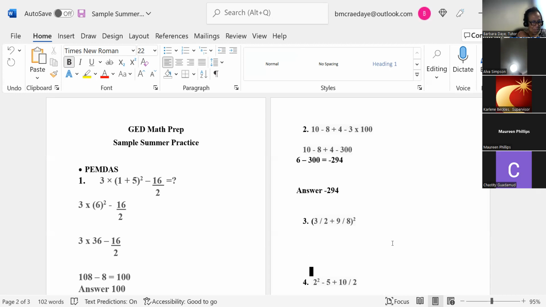And you have 3 over 2 plus 9 over 8, all raised to the second power. Three over 2 plus 9 over 8. Power of 2.